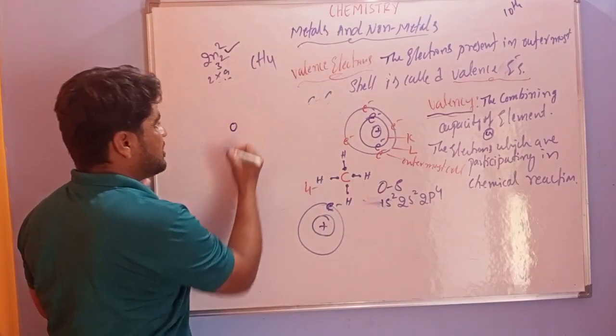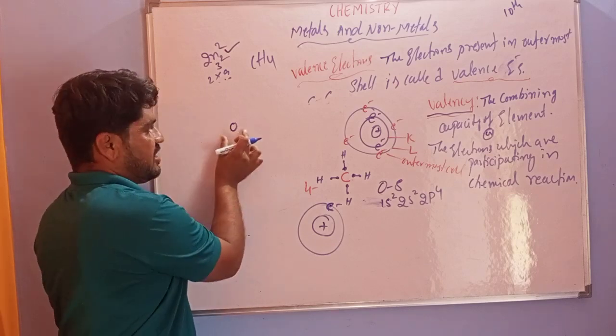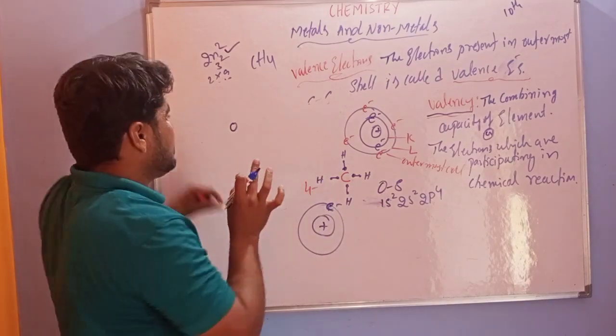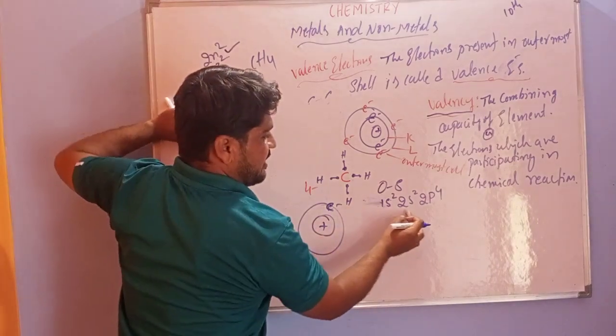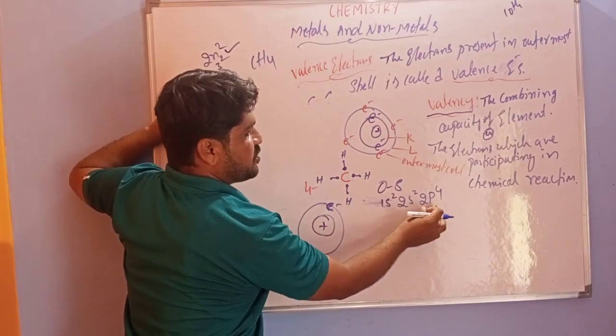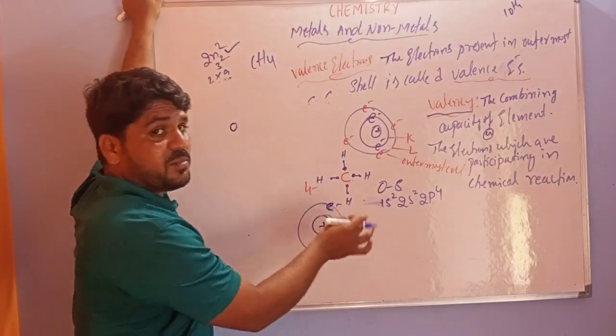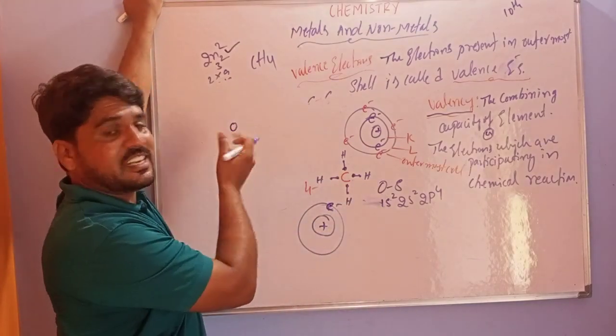This is the oxygen atom. In this oxygen atom the atomic number is 8, and the electronic configuration is 1s2, 2s2, 2p4. I am giving this electronic representation with the structure of the atom.